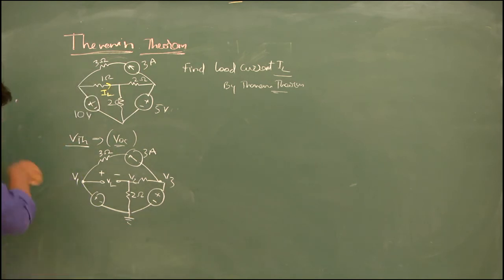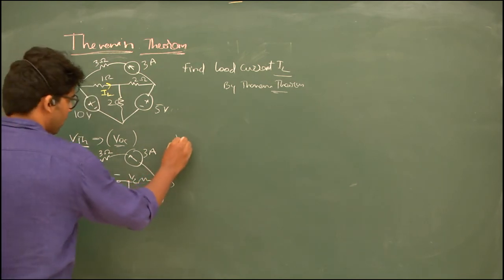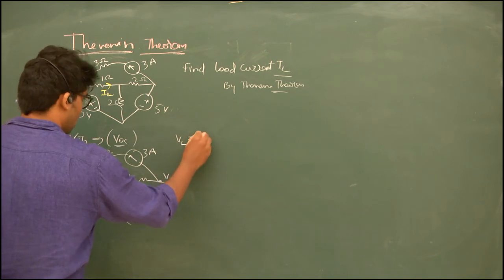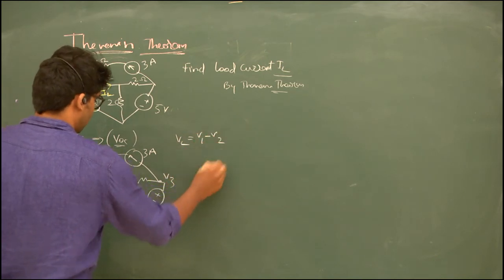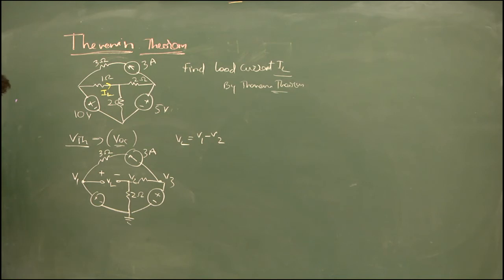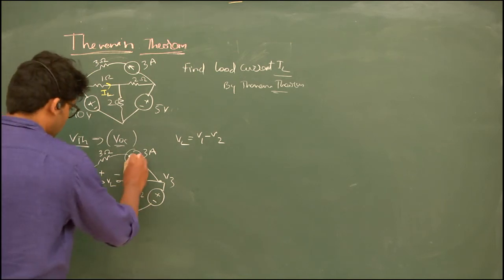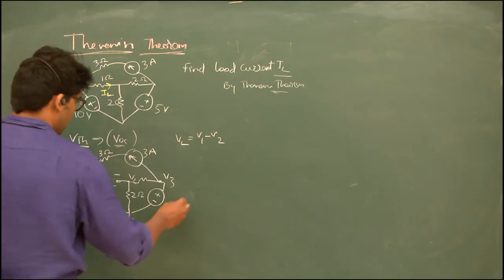If we know V1 and V2, then VL will be equal to V1 minus V2. So here the only option is to use nodal analysis. How will we do that? Apply from node 1.